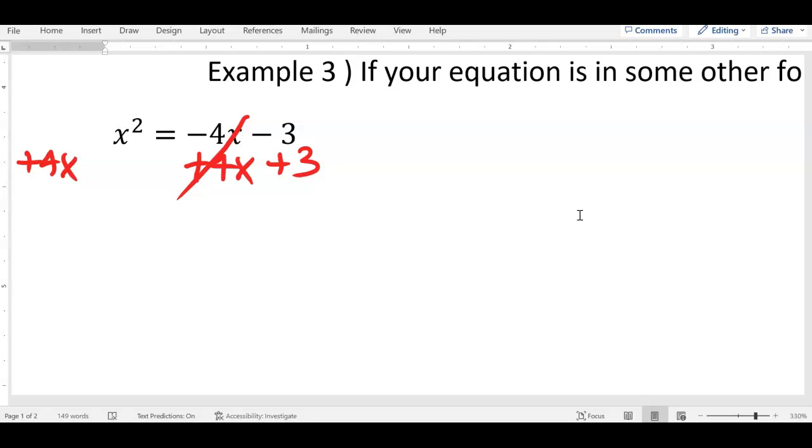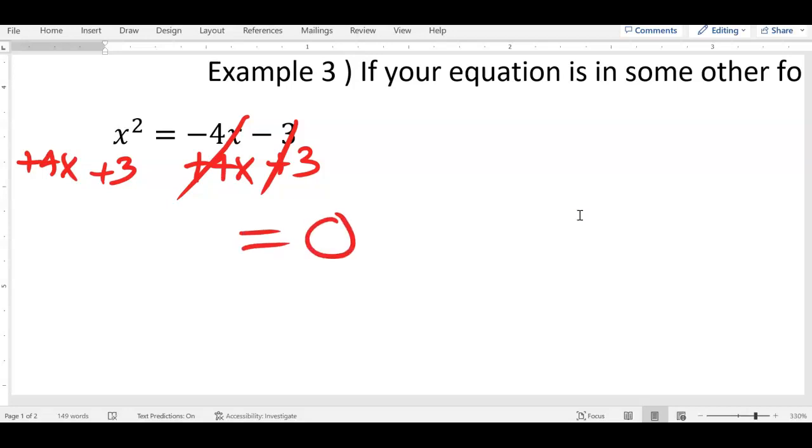And if I do it on the right, I'm going to do it on the left, plus 3. Now, if I scratch out both things on the right-hand side, there's nothing left here. What should I put over here? 0. That's what I'm trying to get, right? Equals 0. So go ahead and put equals 0.